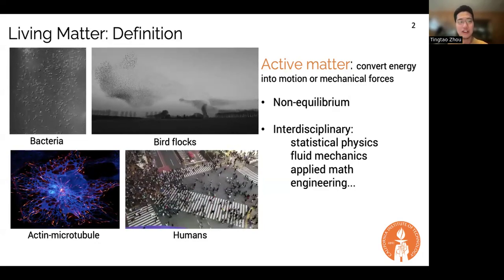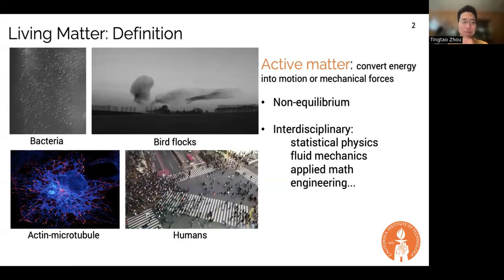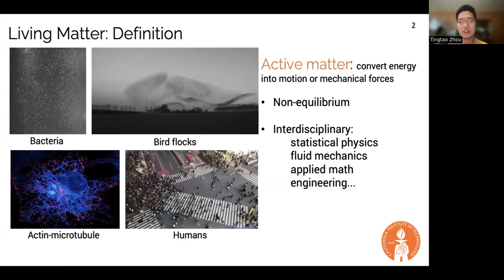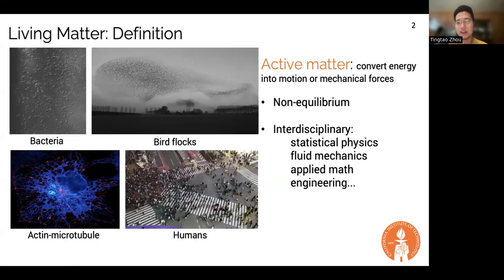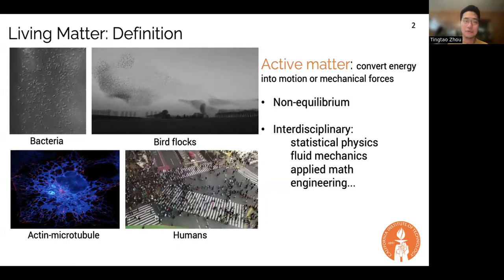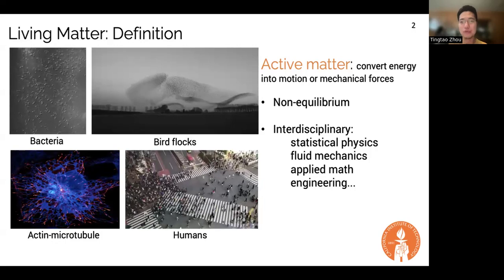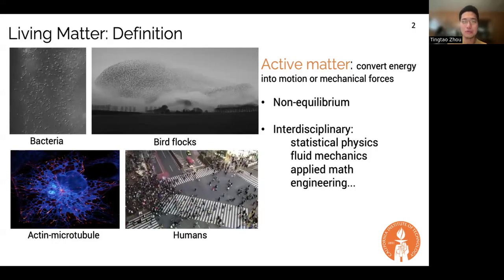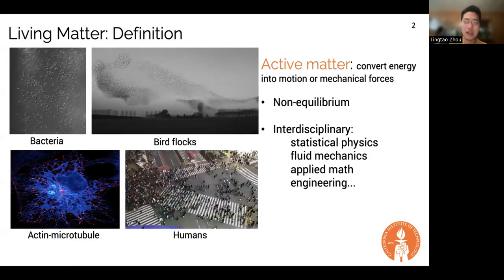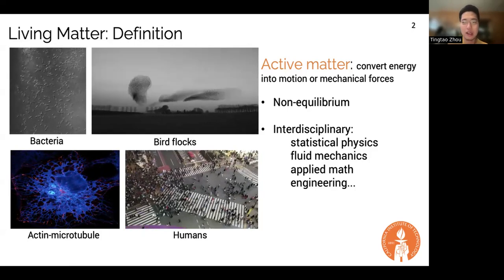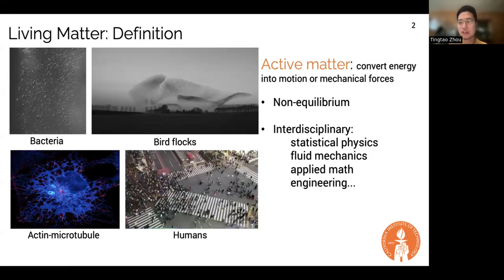Today, hopefully, you will see that my work here is part of this trend, where we think there is something very interesting and useful at the intersection between active matter and applied mathematics, especially fractional calculus.